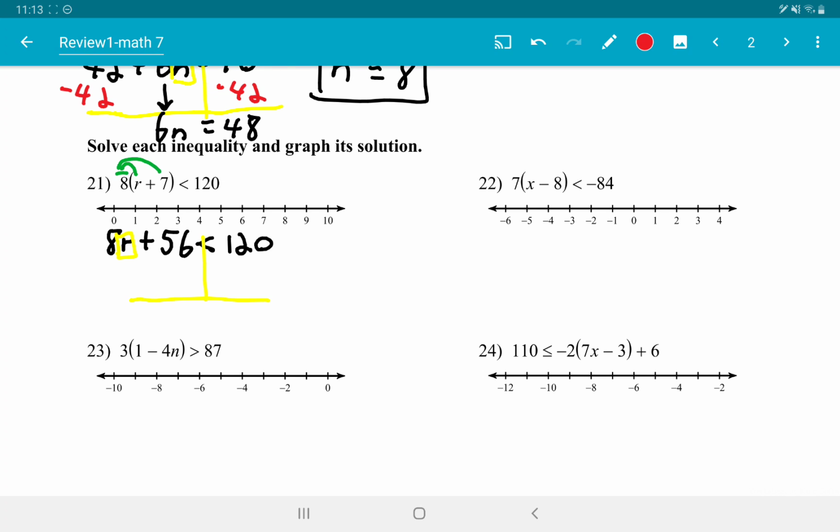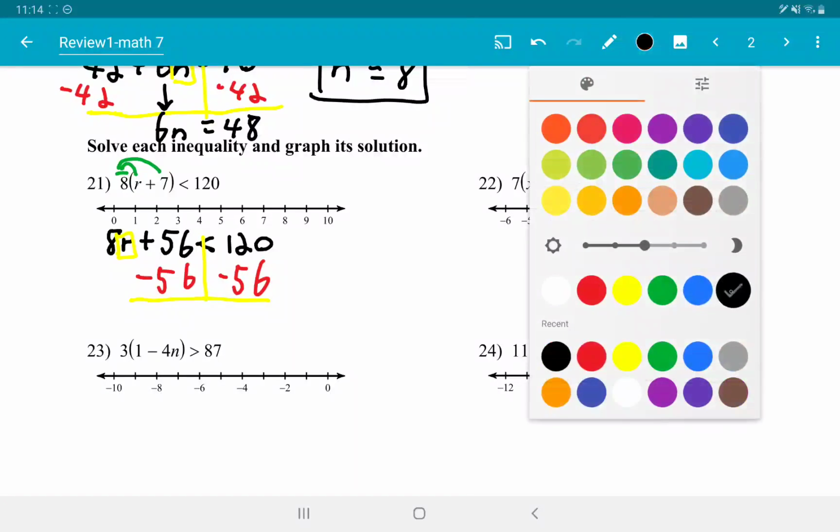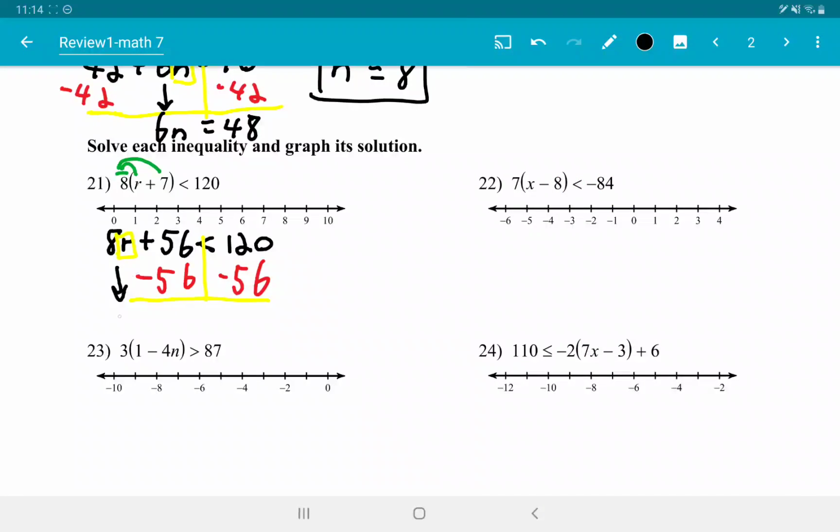There are cases where you have to multiply or divide first, but problems we have here, we don't have to worry about that. So I'm going to subtract 56 from both sides. That 8r, because it's not affected, moves down, so I get 8r is less than 64.